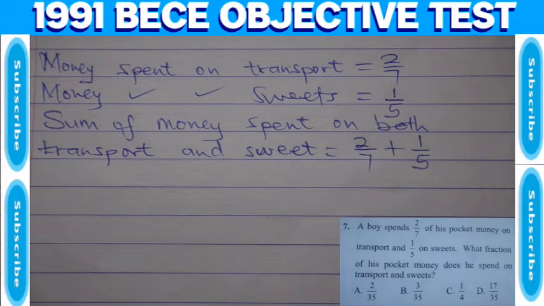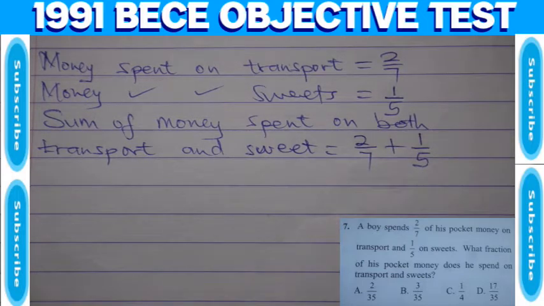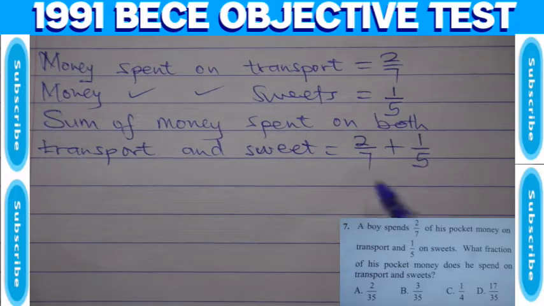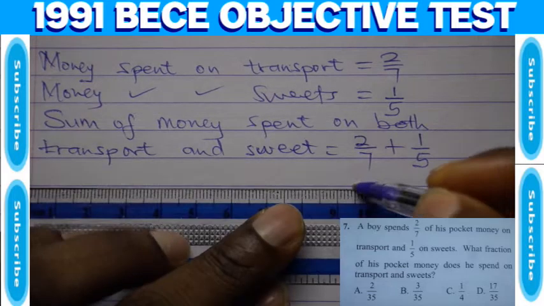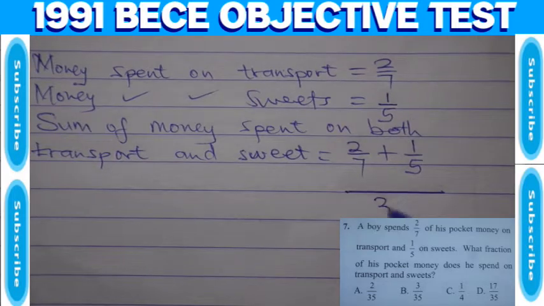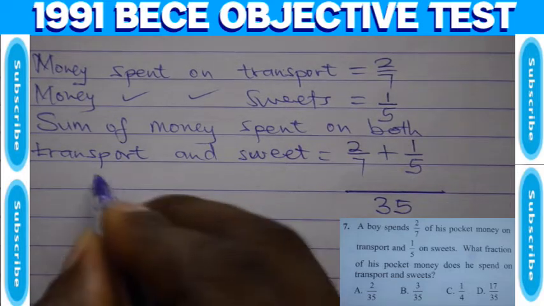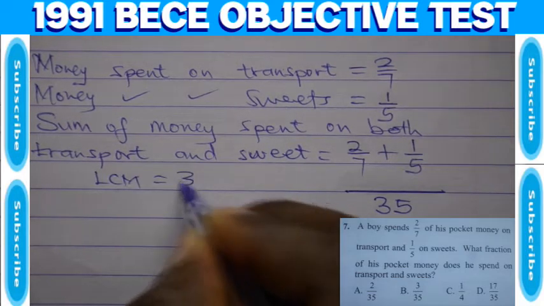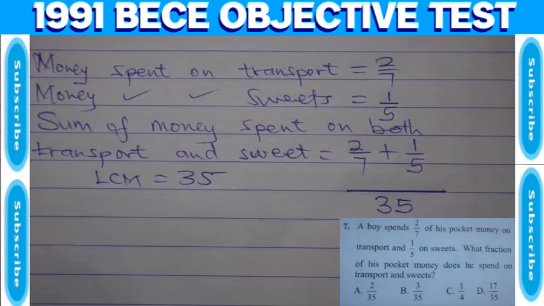Usually when you're finding the LCM of two prime numbers, the only thing you do is multiply the denominators. I'm talking about only prime numbers. Stick to that. So you multiply 7 by 5, then you have 35. That is the LCM. The LCM of 7 and 5 is 35.